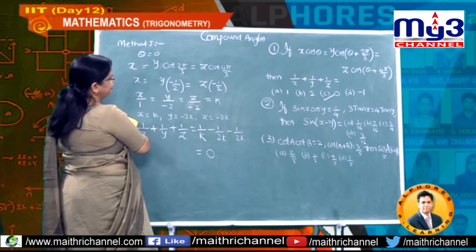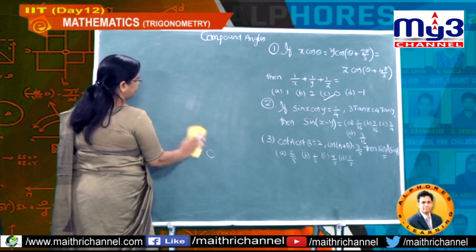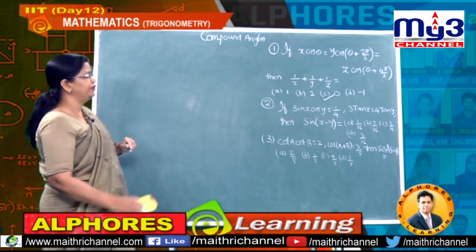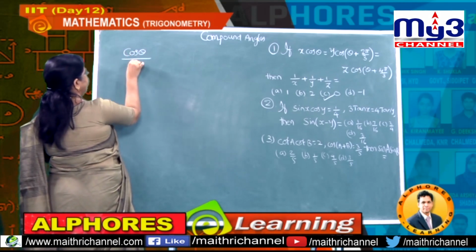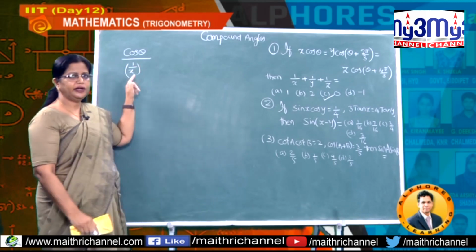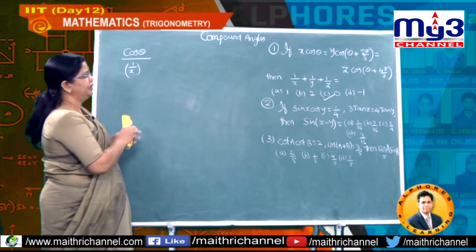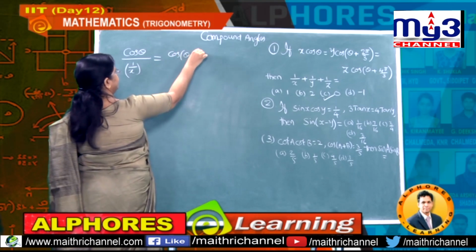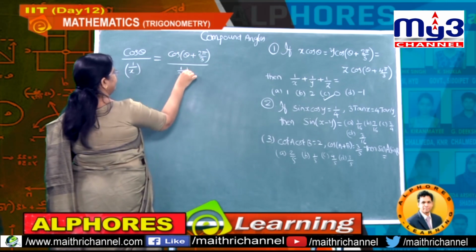Even if you don't put theta as 0, the problem is not big one, it is easy only. Second method we are doing directly, okay. So now I am writing cos theta divided by 1 by x. Any objection, students? Everything right now? So numerator, 1 by x equal to, what about this side here, cos of theta plus 2 pi by 3 divided by 1 by y, okay.